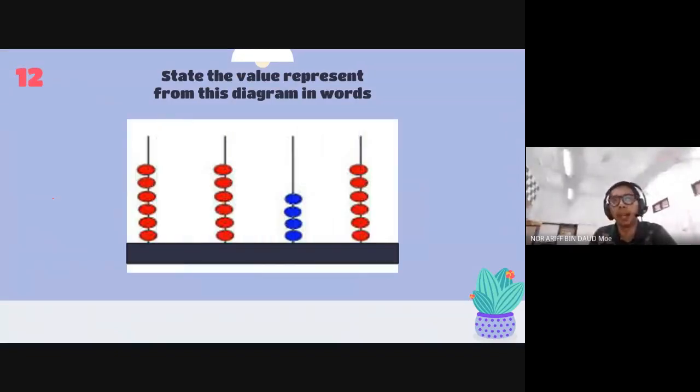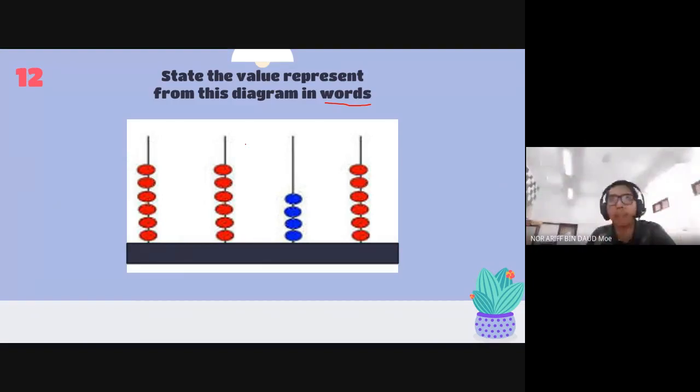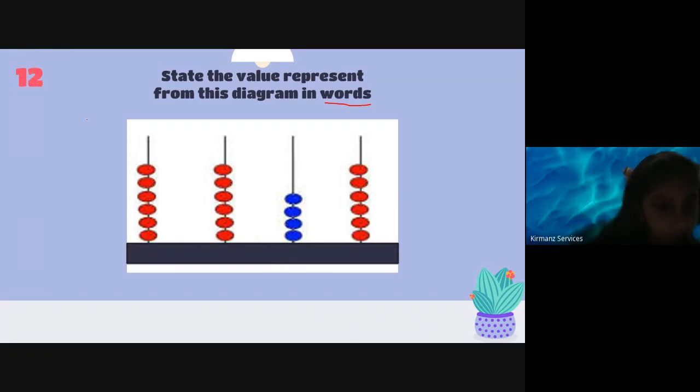Okay. State the value represent from this diagram in words. Kiriman servis ni siapa ni yang pakai background biru ni? Cuba buka mic. Sanya ke? Yeah. Okay, Sanya, state me the value from this diagram. One, two, three, four, five, 6,600.